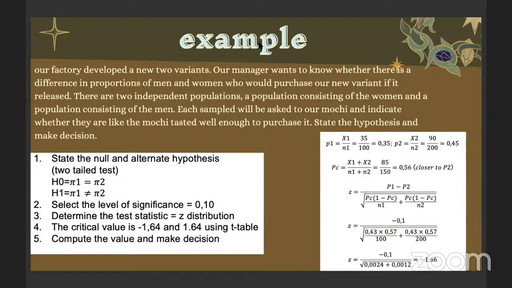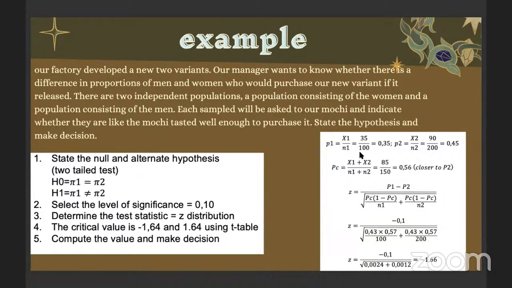Then we determine the test statistic using the z distribution. Because the level of significance is 0.10, the critical values from the table are minus 1.64 and positive 1.64.